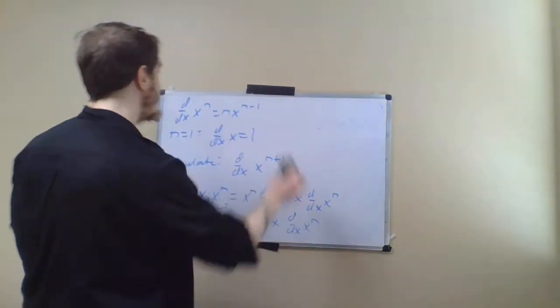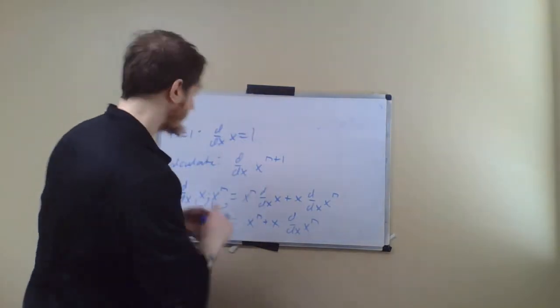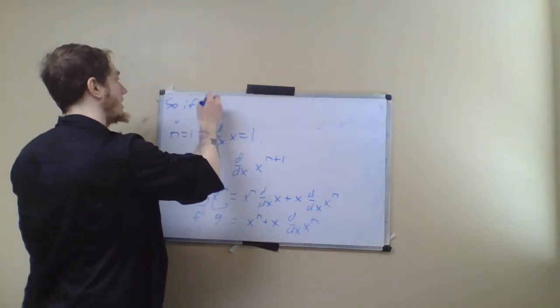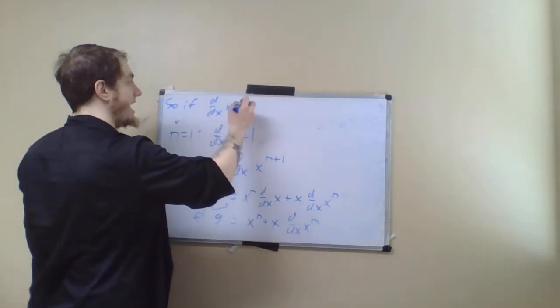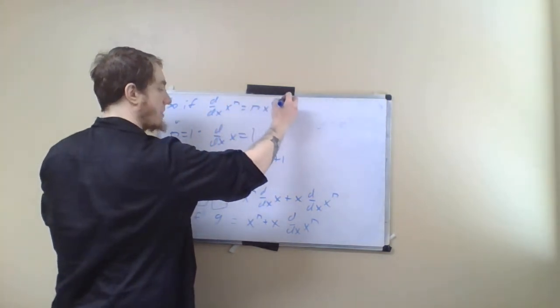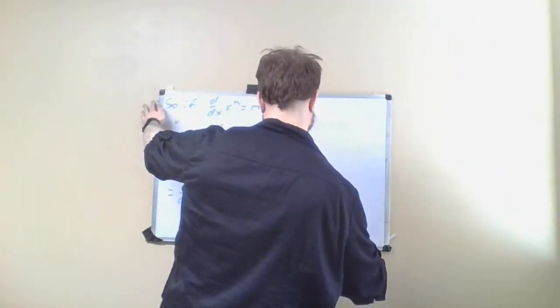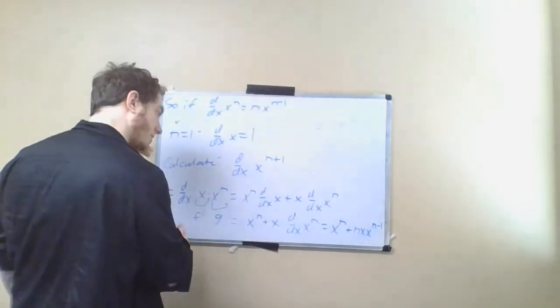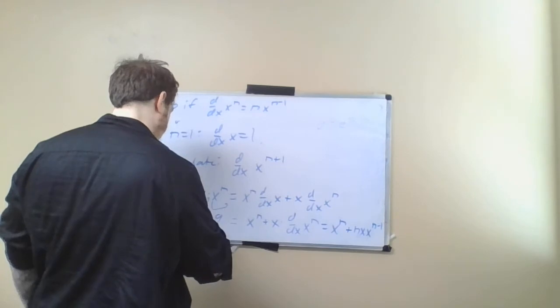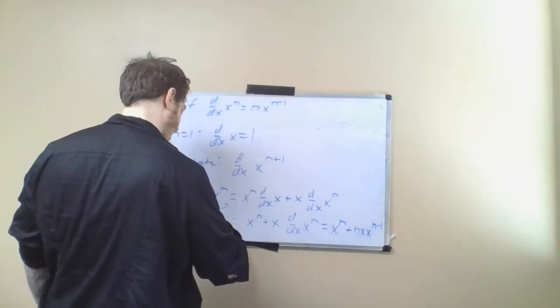But now suppose that we know that the derivative of x to the n is n x to the n minus 1. Then this is going to become x to the n plus n x to the n, which is n plus 1 times x to the n.